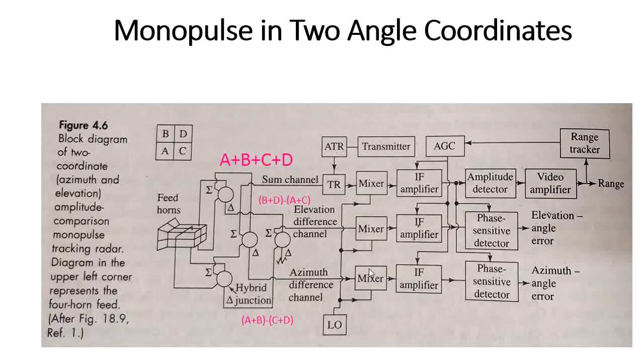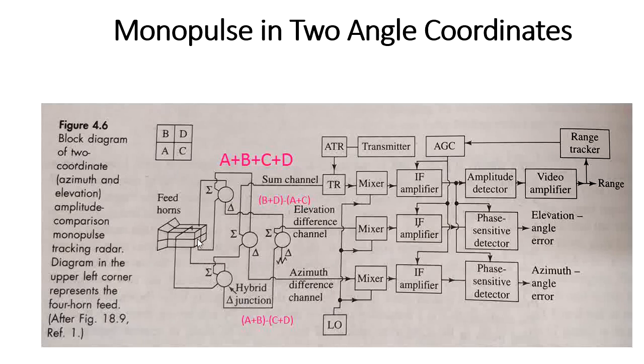And next we come to the next block diagram, the monopulse in 2 angle coordinates. In the monopulse 2 angle coordinates, we are going to calculate the range as well as the 2 angles. The 2 angles are one elevation angle and the other azimuth angle here.